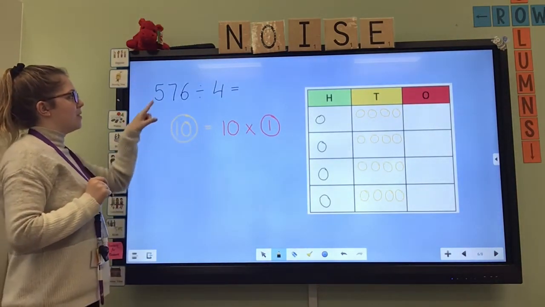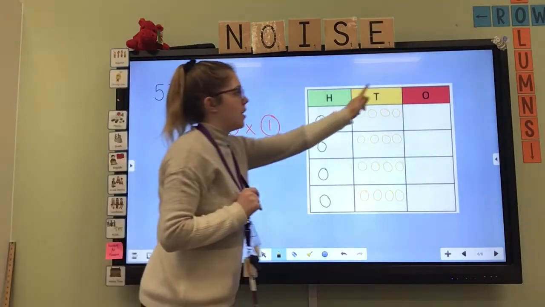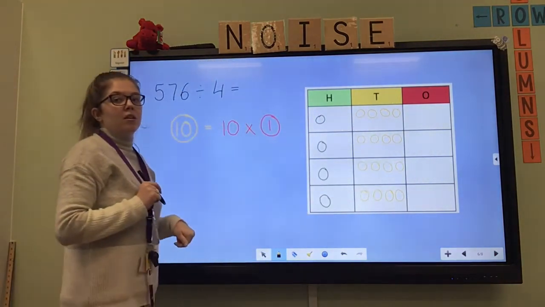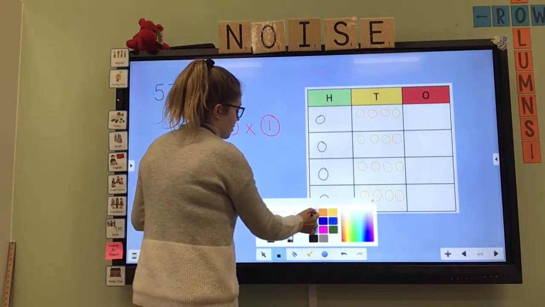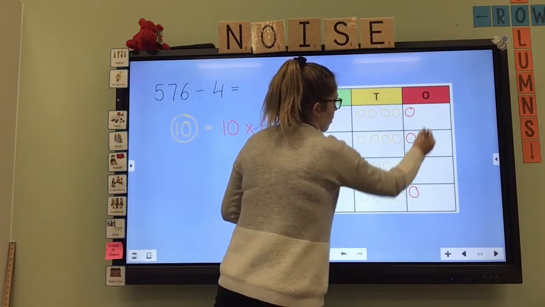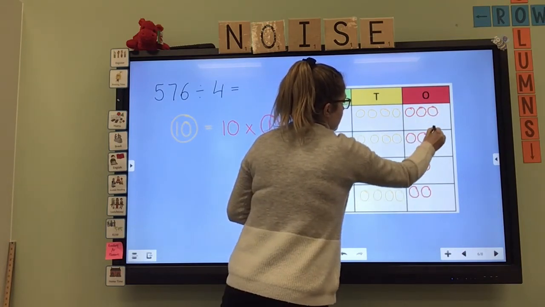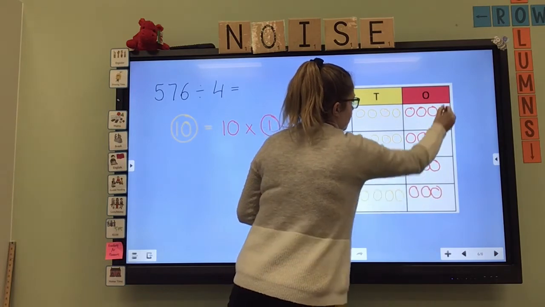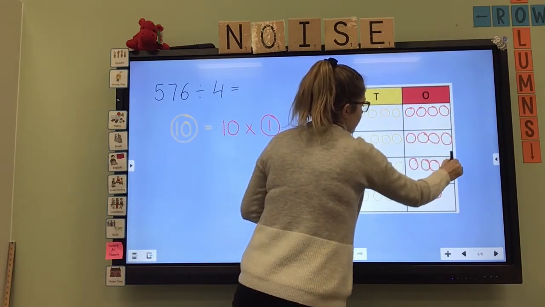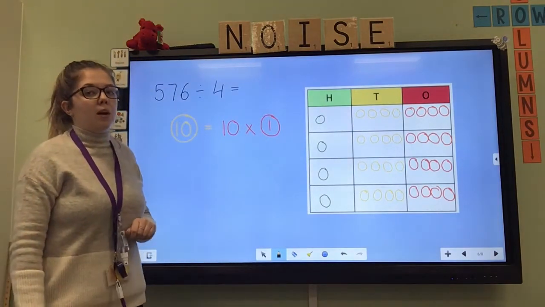So 10 add 6 would give me 16, so I need to share 16 ones into my place value grid. 1, 2, 3, 4, 5, 6, 7, 8, 9, 10, 11, 12, 13, 14, 15, 16. Good, that shares out equally.